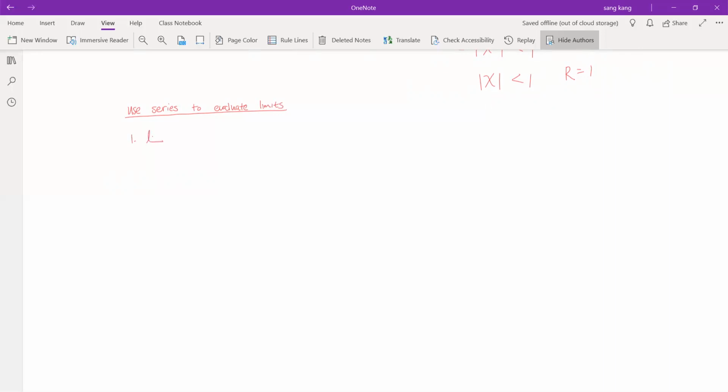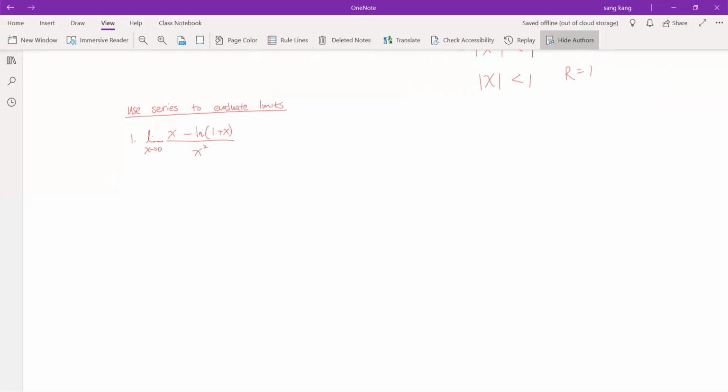So the first problem, limit as x approaches 0 of x minus ln of 1 plus x over x squared. Right, so now we have to evaluate a limit.